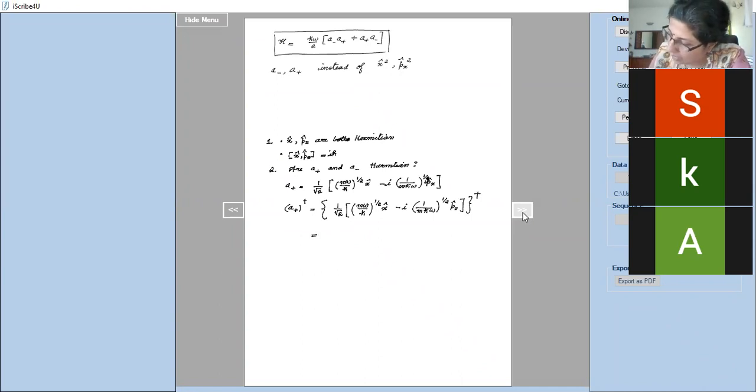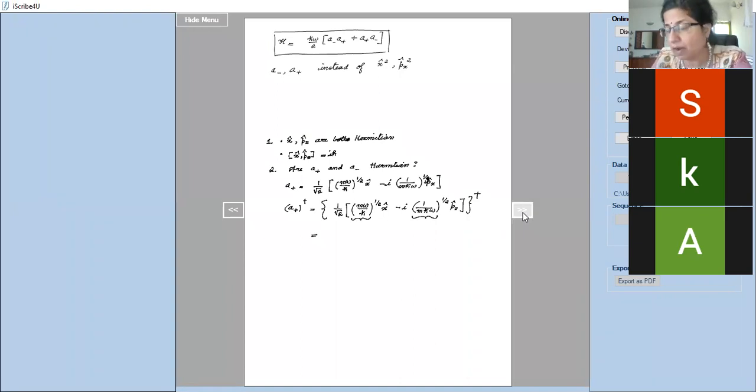Please remember these are just numbers, and moreover they are real numbers. M is the mass, omega is the angular frequency, h cross is the Planck's constant. These are all real numbers.